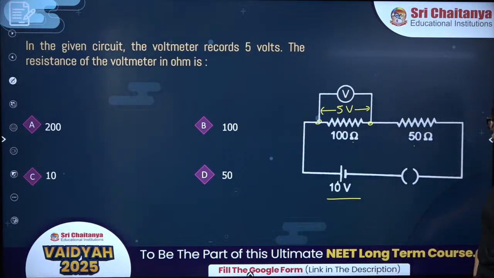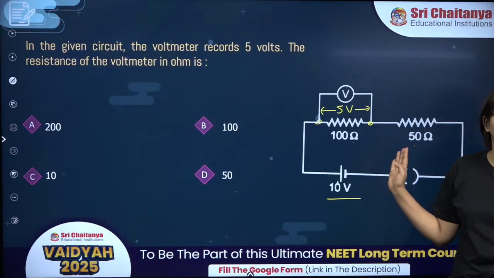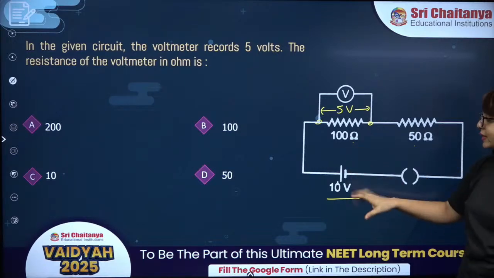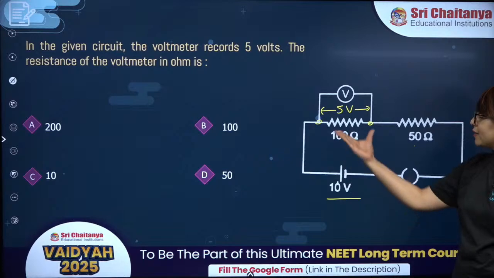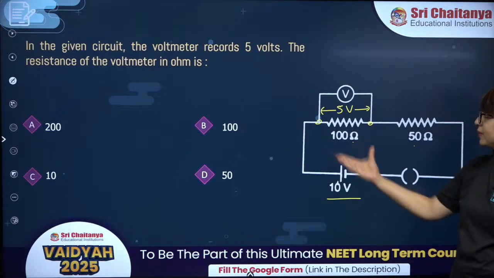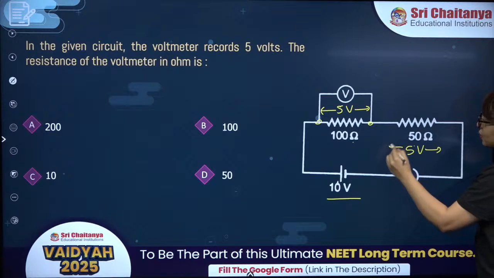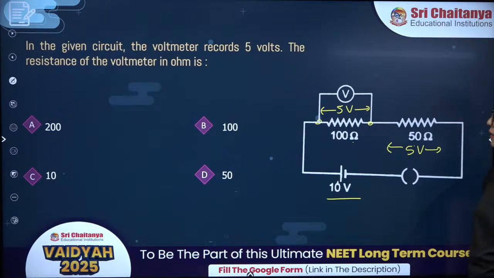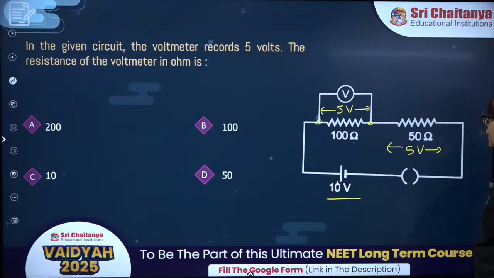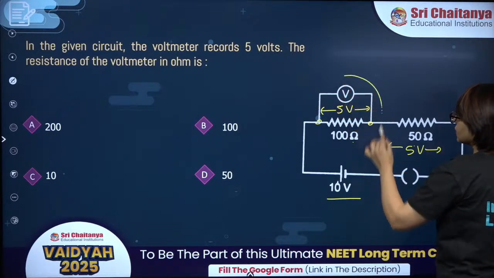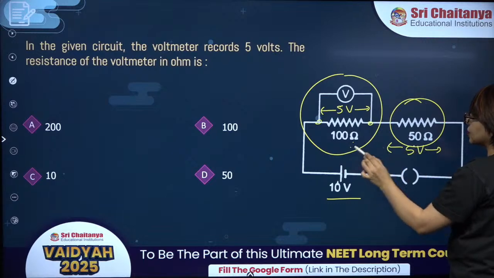See, it is quite logical. You don't have to solve this one. If you just go through the basic concept, this is a total of 10 volts, right? Out of 10 volt, 5 volt is dropping over here, hai na? And the remaining 5 volt will drop across this resistance. So across this combination and across this resistance, the potential drop is the same.